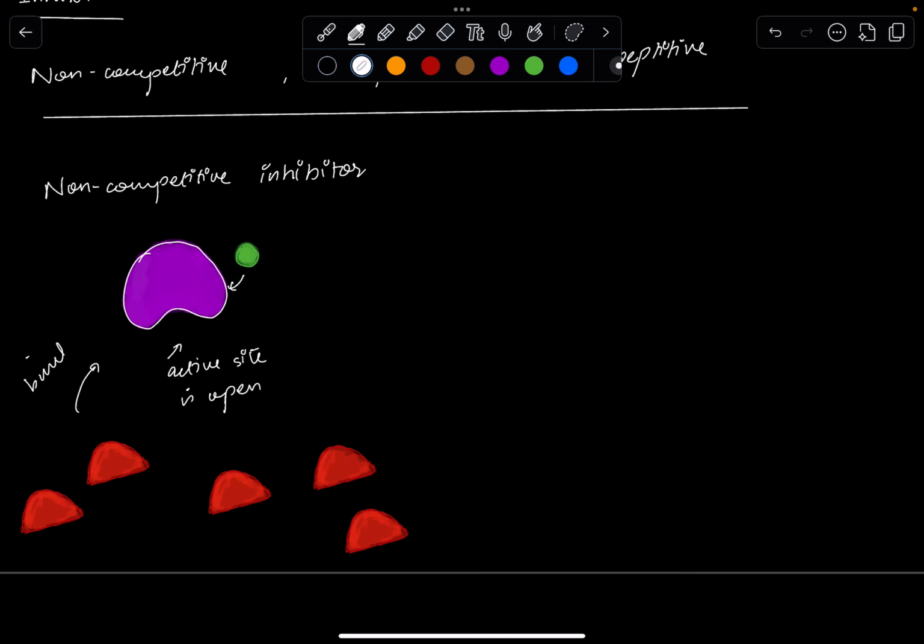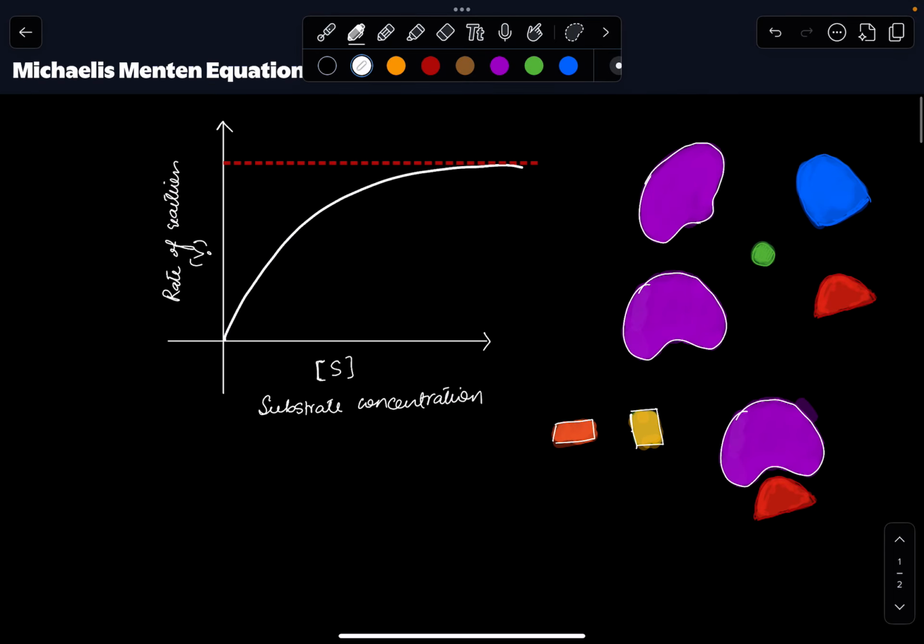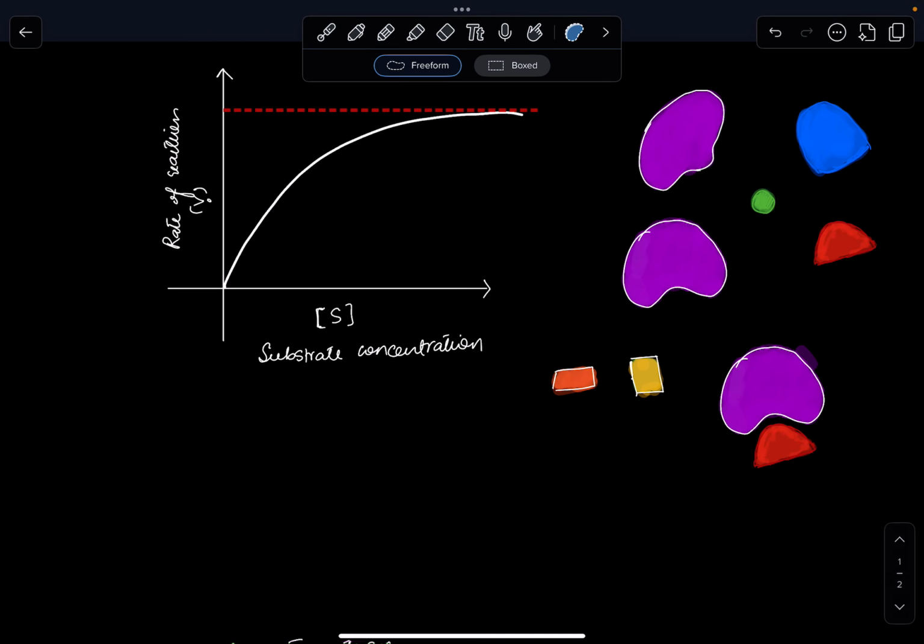And what that will do is that it will change the shape of the enzyme. The site that it binds to is called the allosteric site. And so what this will lead to is something like this.